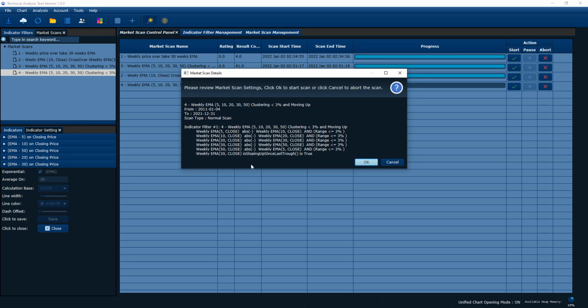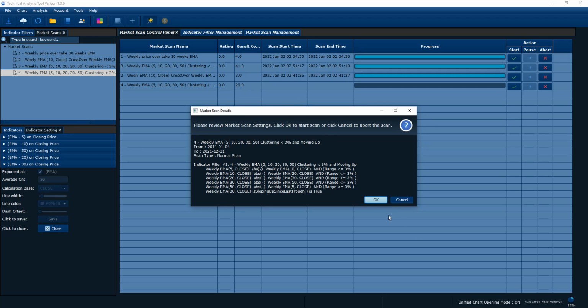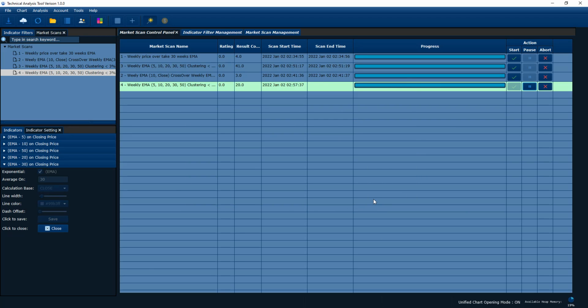We added one more condition: the 30 weeks EMA has also been sloping up since the last 12. The previous one had 41 results, and this one has 20 results. That's expected because we eliminated all the shares with their 30 weeks EMA moving downwards. All right, let's take a look at the results now.